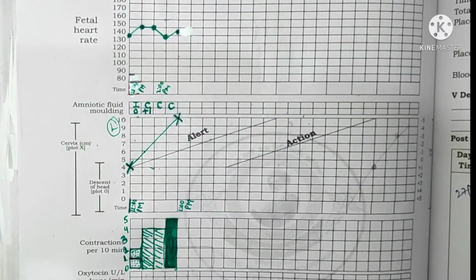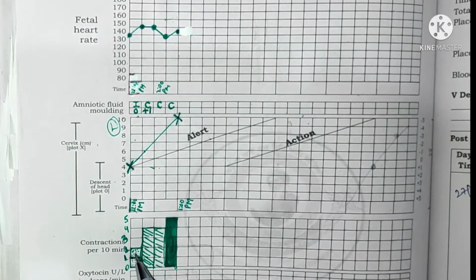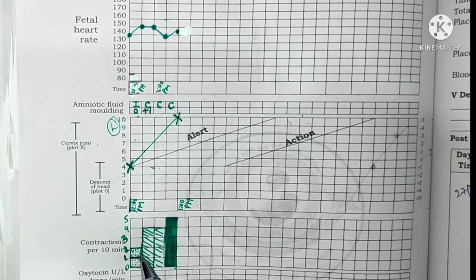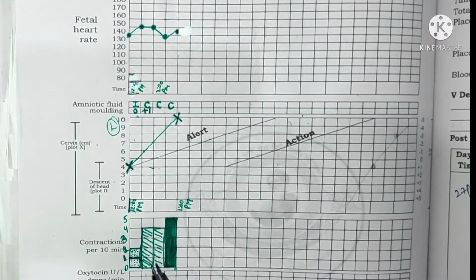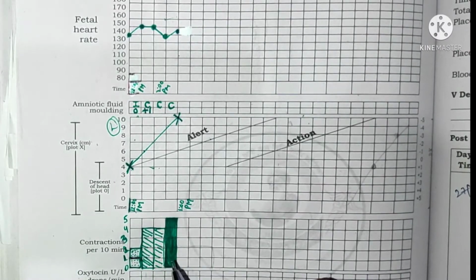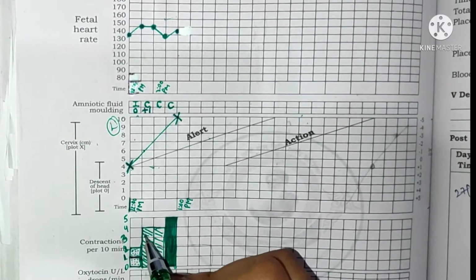Now we are going to document the contractions per 10 minutes. If the contractions last for 10 to 20 seconds, you are going to document them as stippled boxes, which means dotted boxes. If the contractions last for 20 to 40 seconds, then you have to document them as striped boxes.